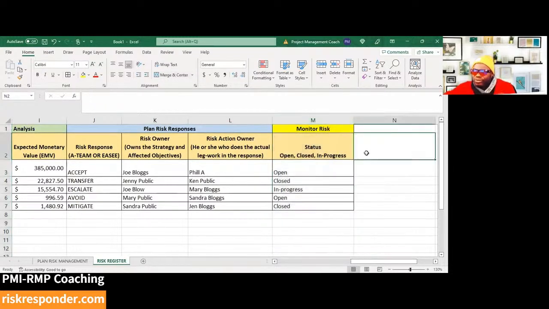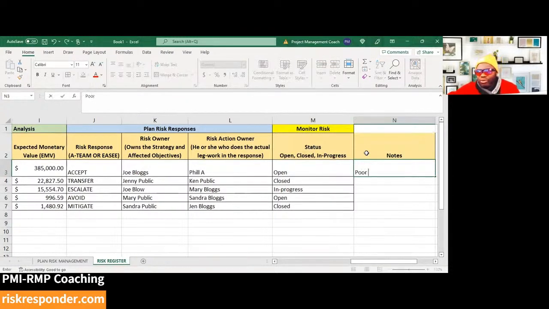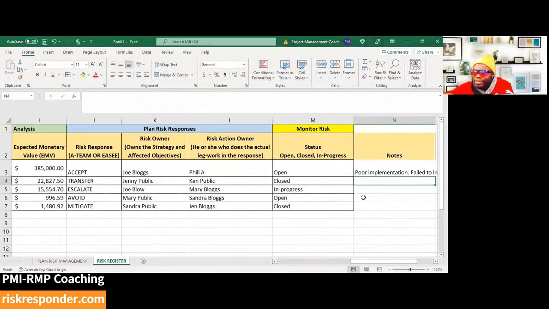And you could have notes as well that say poor implementation, failed to include the relevant agencies in our strategy. It's a lesson that you've learned, and things such as that.